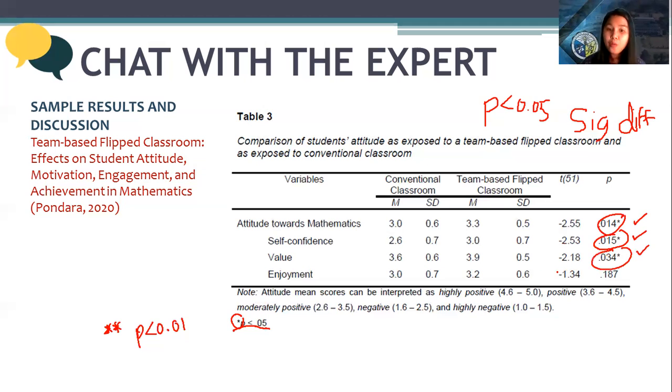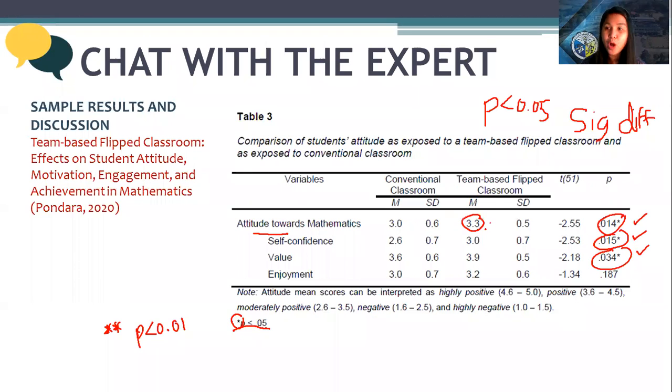So how will I interpret my data? I should say that in terms of attitude towards math, the two groups are significantly different in favor of, right? If the attitude mean is higher, it means they also have higher positive attitudes.